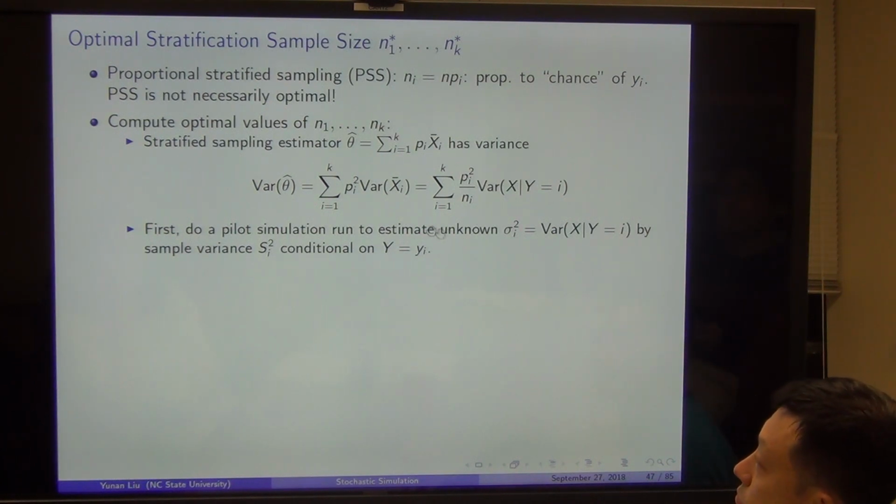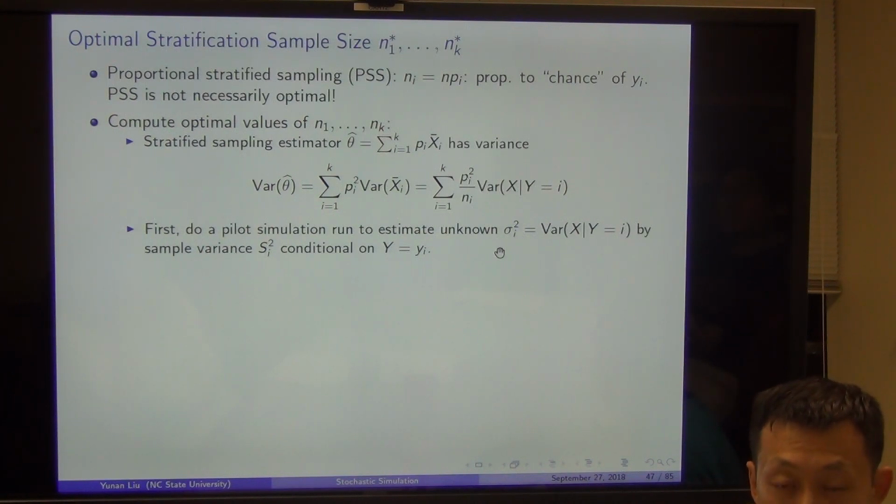right? Okay. First, do a pilot simulation to estimate the unknown parameter. This. So treat the variance of x given y equals i as some kind of given parameter. So do a pilot simulation to study that, to estimate it.